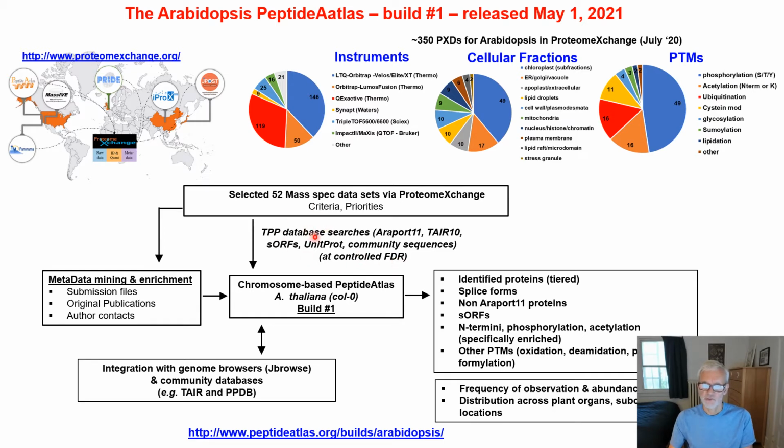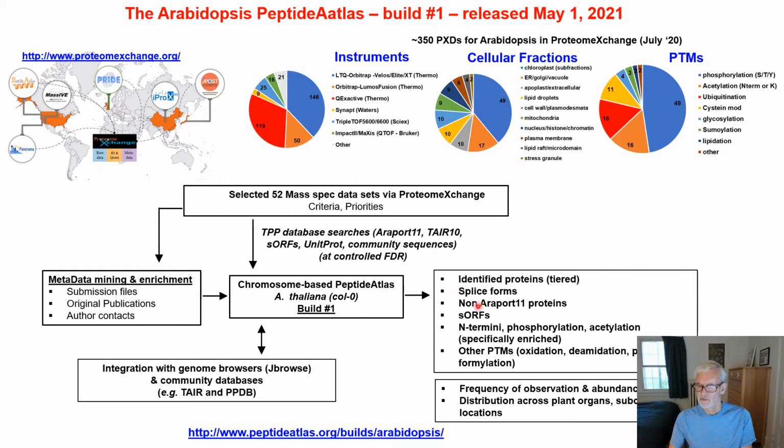So what this will result in is that proteins are identified, and we built this chromosome-based PeptideAtlas. And while we're researching, of course, we also mine these for different metadata. What you can find now in the PeptideAtlas are proteins that are identified using a tiered system.